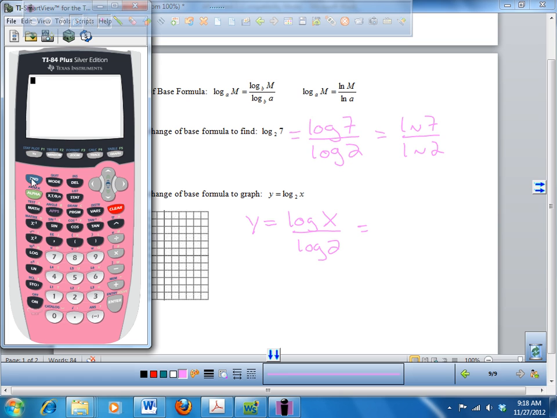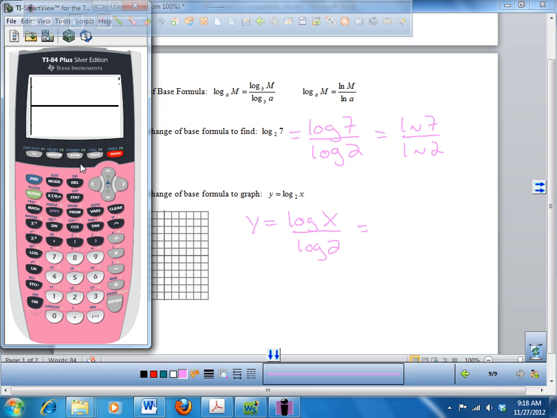So if I want to plug this into my calculator, I go y equals, and so log of x divided by log of 2, and if I hit graph, I should get a logarithmic function, but my window is probably all messed up.